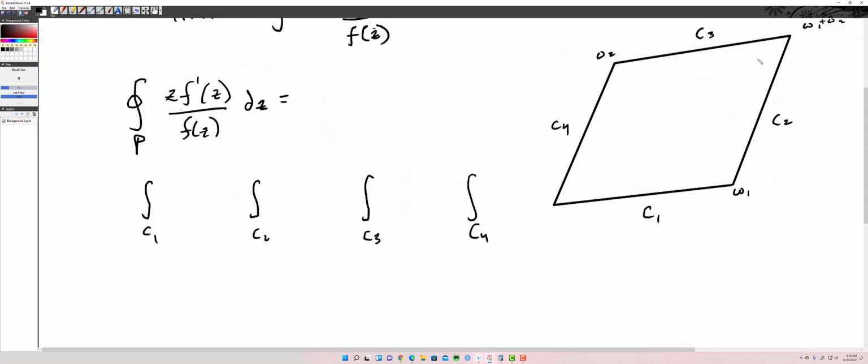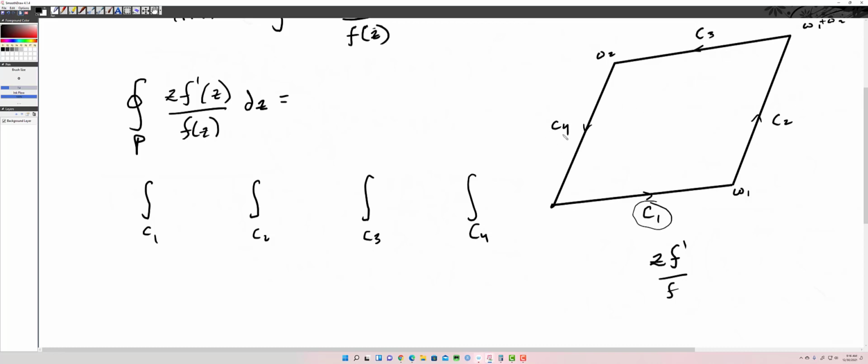Okay, now what I'm integrating over is z f prime over f. Notice that, on the other one, if we're going counterclockwise here, for the argument principle, what we're comparing is C1 and C3 and C2 and C4.